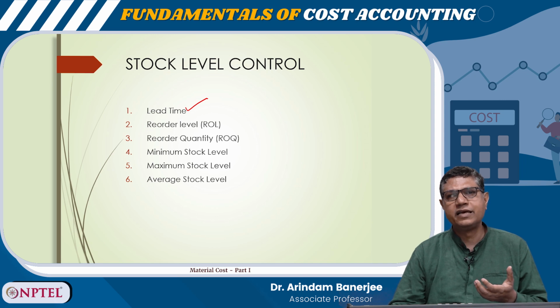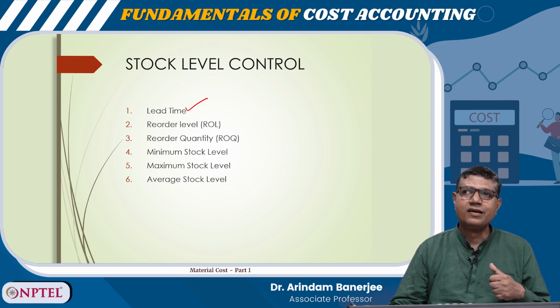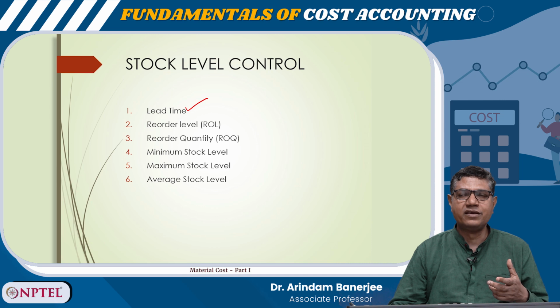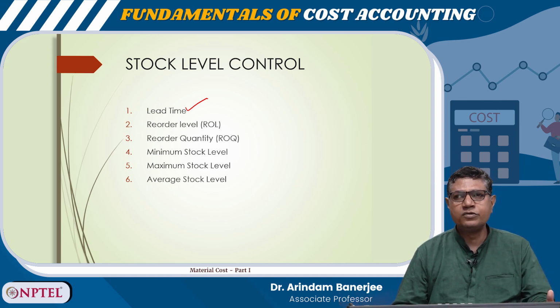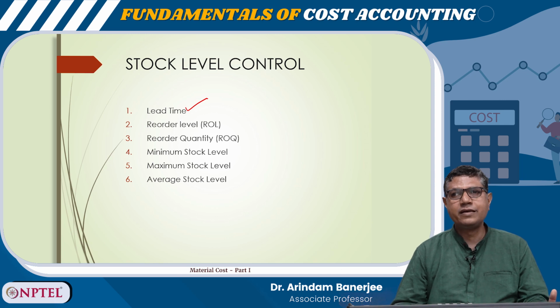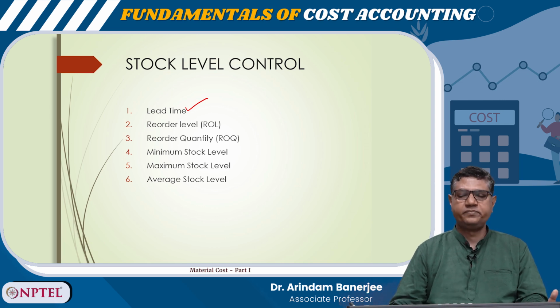In such a case, the lead time may be quite low, but if it is to be imported from abroad, the lead time can be very high. For planning an acquisition of materials it is very important, because if at any point of time the store runs out of stock, it can create a serious problem in the production process, and it can hamper the profitability of the company.